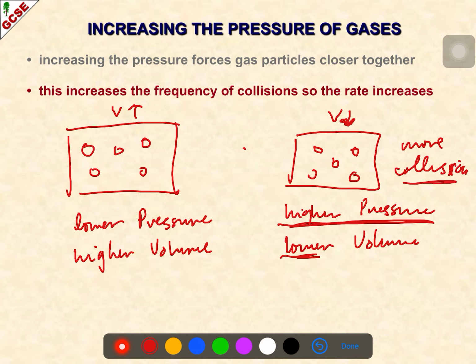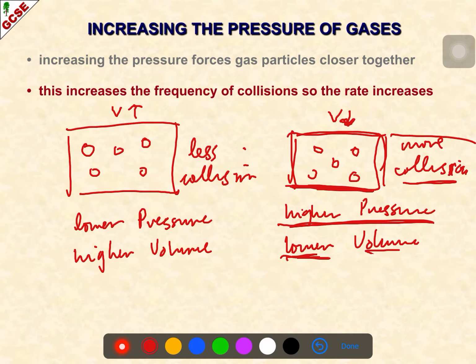Why will they have more collisions here? Because there is less space. Why do they have less space? Because they have a lower volume. So less space, less volume, more collision.